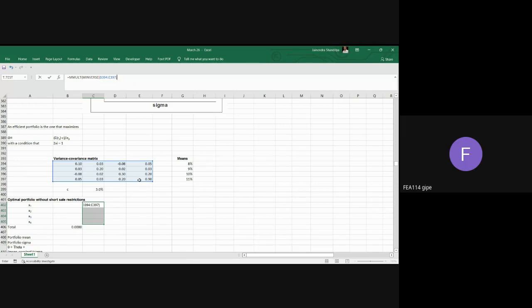Sir, can you zoom in on the Excel from the bottom right corner? Okay. Let me try some other way because something is disabled. Control plus plus is also not working here.